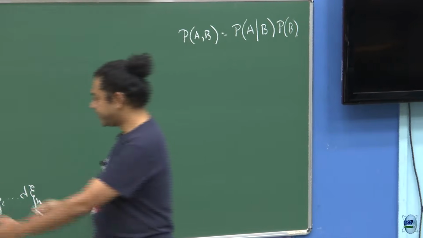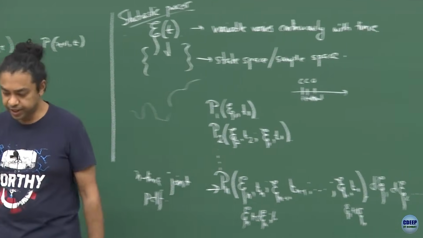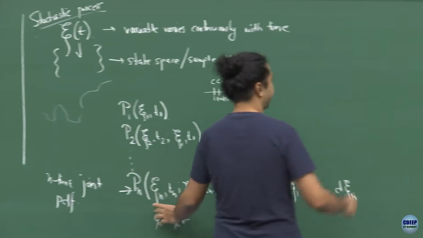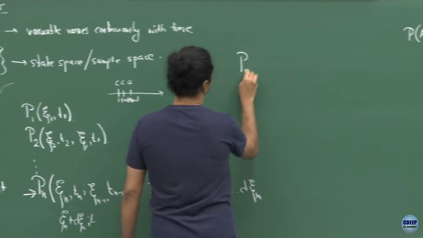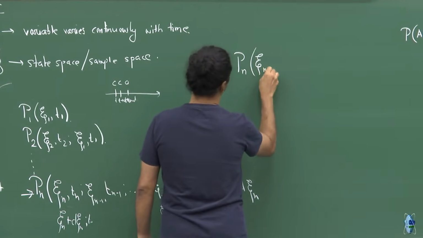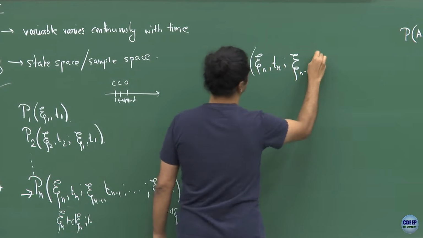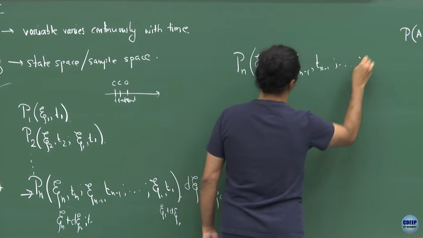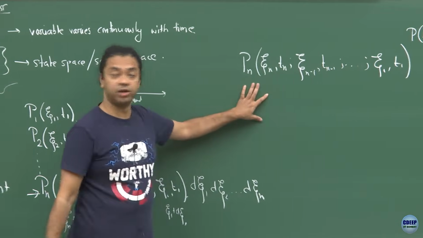So, similarly, this n time joint probability distribution I can decompose into an n time conditional, times an n minus 1 time joint. So, this Pn of xi n Tn, xi n minus 1 Tn minus 1, all the way up to xi 1 T1, is my n time joint probability.